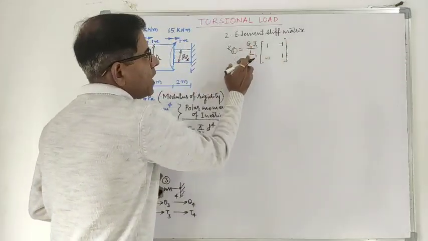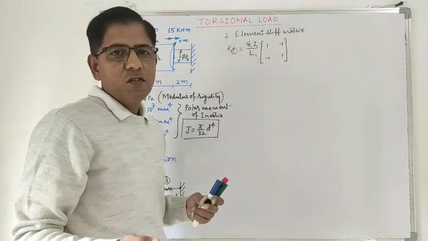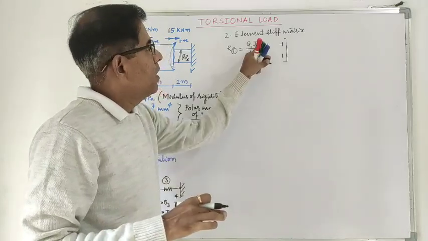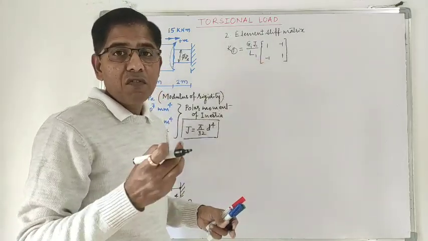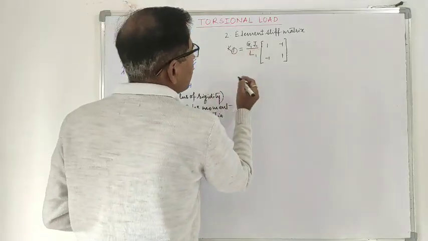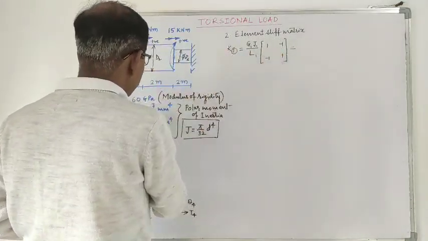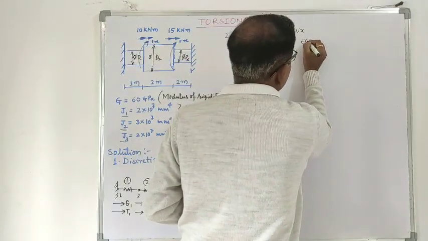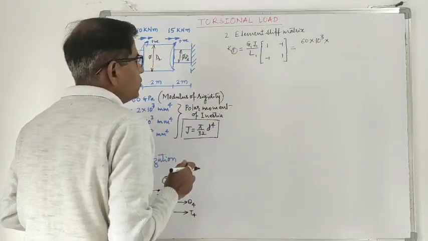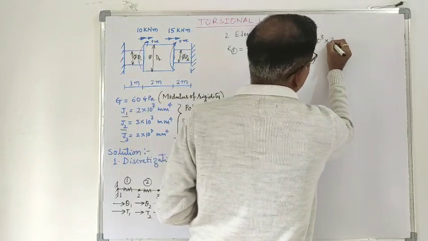So in place of AE by L it is GJ by L: modulus of rigidity in place of modulus of elasticity, polar moment of inertia in place of area, and the length is the same. Now we put the values here. G is 60 GPa, so 60 into 10 to the power 3. J for the first member is given as 2 into 10 to the power 7.